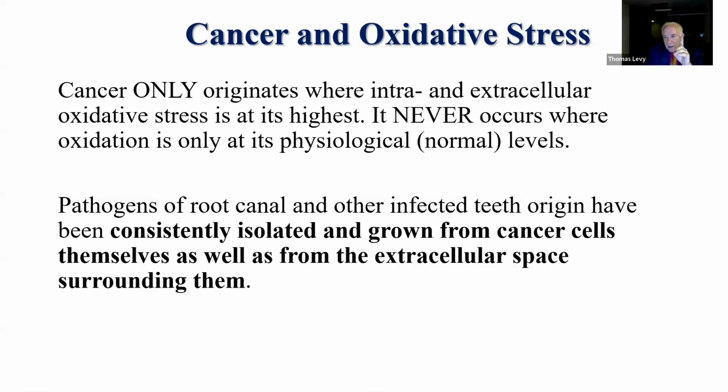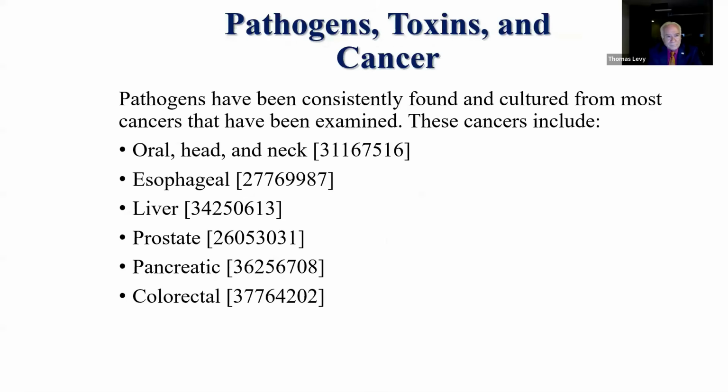Now, what causes the highest levels of oxidative stress? Pathogens. Pathogens have been consistently isolated and grown from cancer cells themselves, as well as from the extracellular space surrounding them. Look at this list.